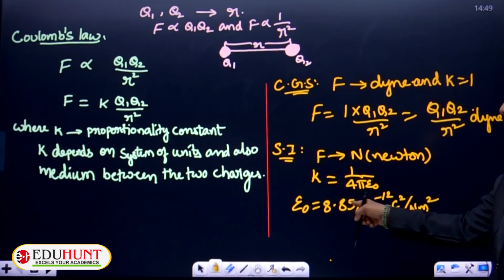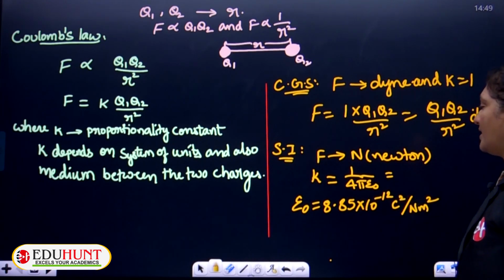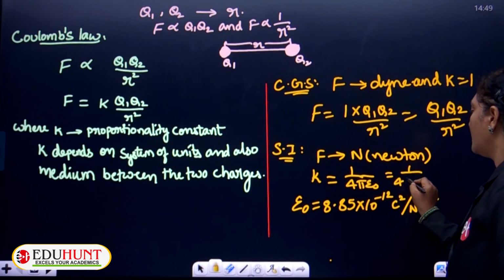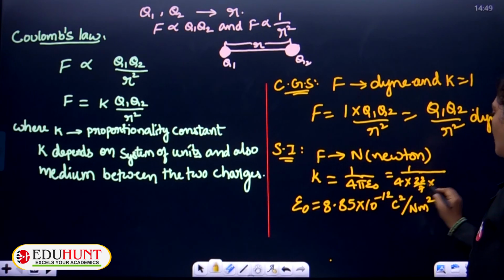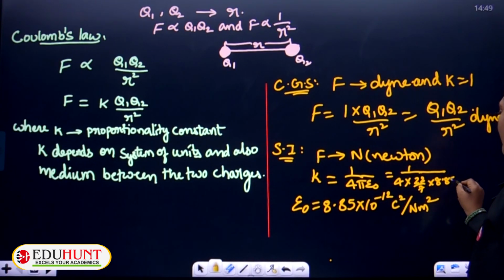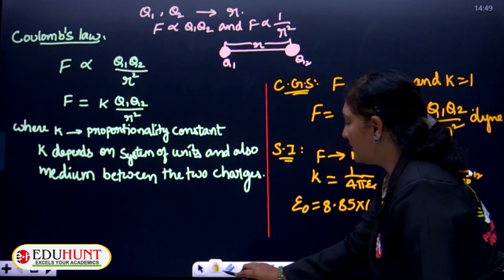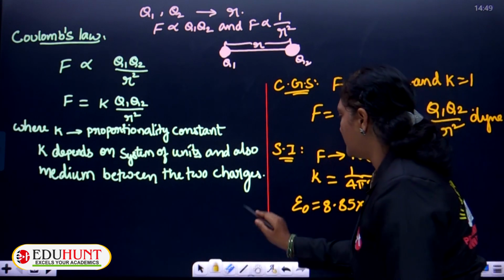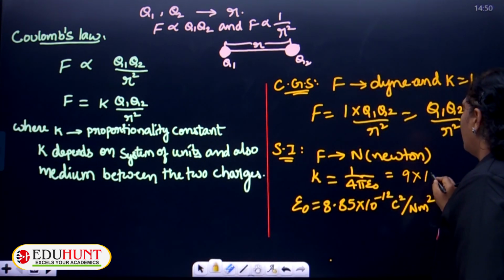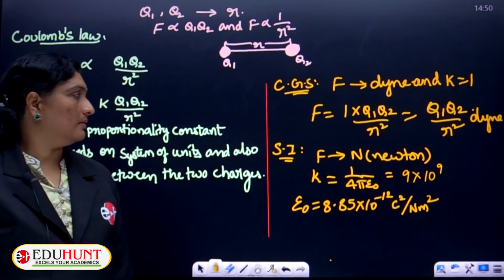After simplification, with 1 upon 4 into pi, where pi is taken as 22 by 7 or 3.14, and epsilon naught taken as 8.85 into 10 power minus 12, solving the entire value you get the result as 9 into 10 power 9. The value of K is taken as 9 into 10 power 9.